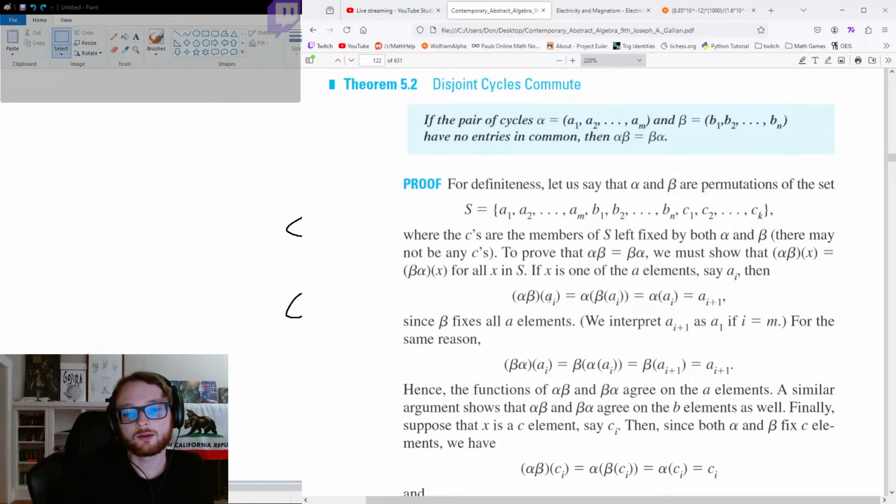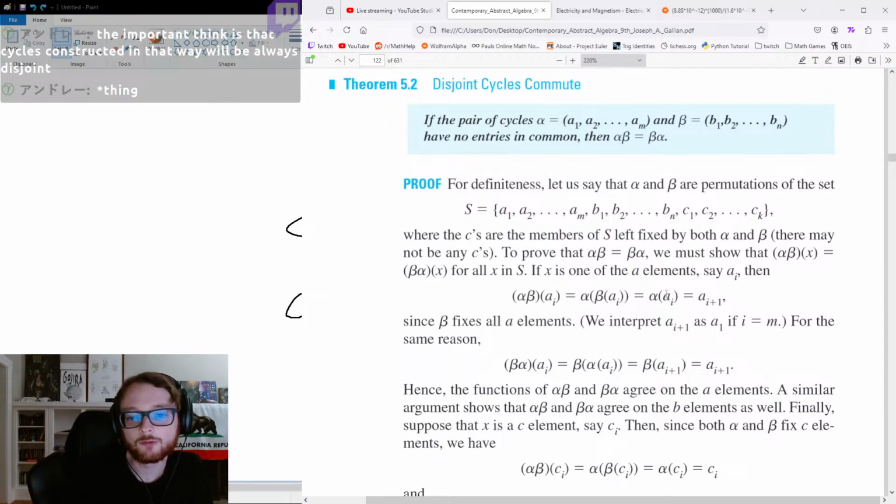Alpha beta of a sub I is equal to alpha of a sub I. Ooh, beta of a sub I. Oh yeah, so beta holds a fixed. And alpha of a sub I is equal to a sub I plus 1 by definition. Okay.